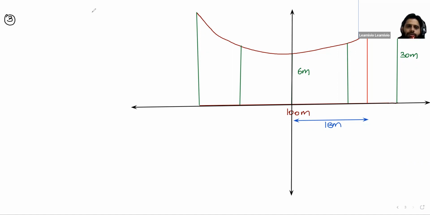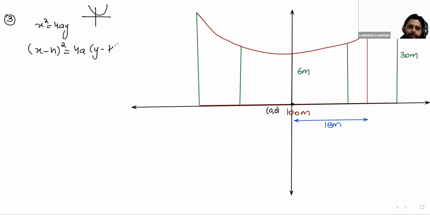Normally for this shape, the equation is x squared equals 4ay, but this is not at the center. This is the origin, but your parabola is not at the origin. That's why the equation will change into (x minus h) whole squared equals 4a(y minus k). If the vertex is not at the origin, then we take this as the equation of the parabola. Rishan, please reply on the chat box if this is clear.